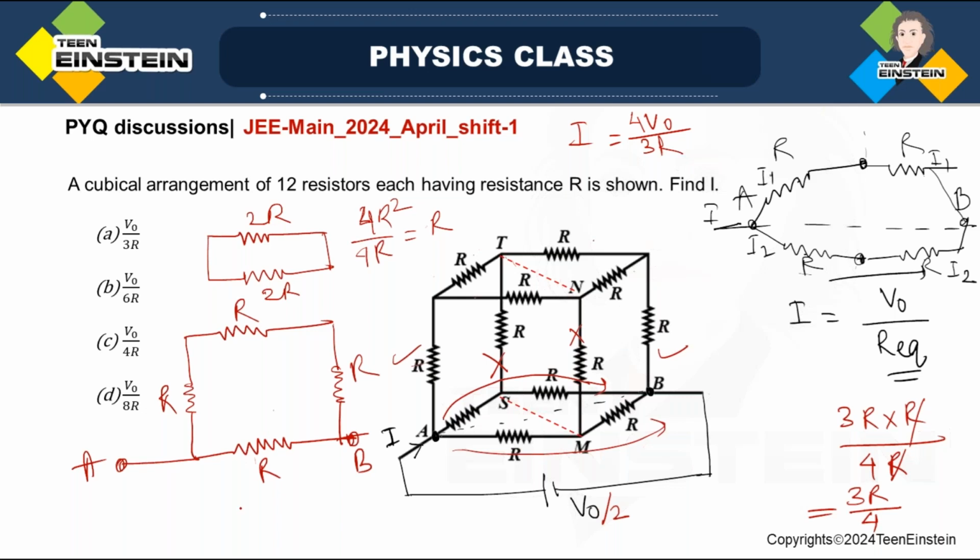A cubic alignment of 12 resistors, each having resistance R, is shown. Find I. I have to just see this voltage.